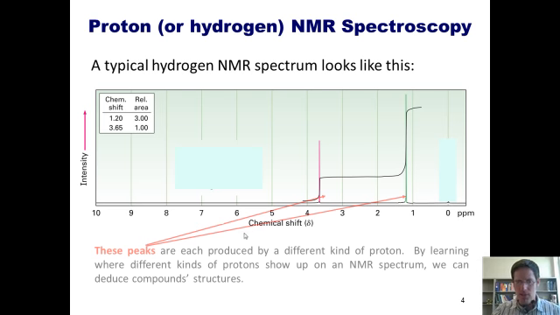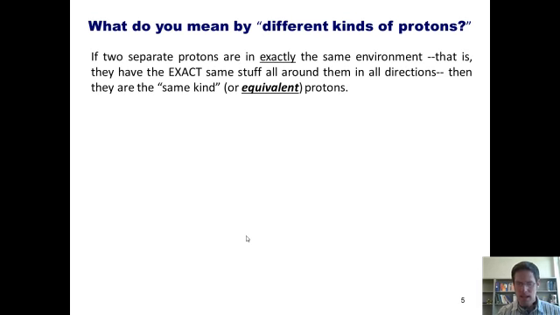These peaks are each produced by a different kind of proton. By learning where different kinds of protons show up on an NMR spectrum and what they look like, we can deduce compounds' structures. So you may ask, Mike, what do you mean by different kinds of protons?